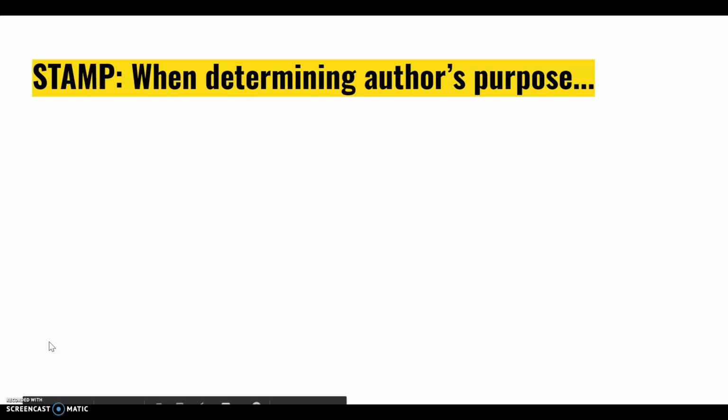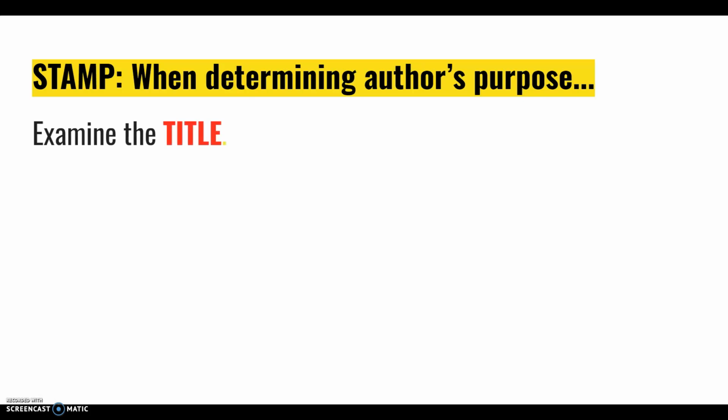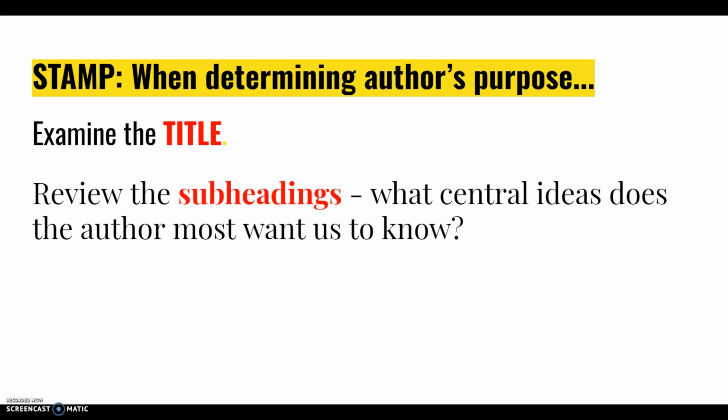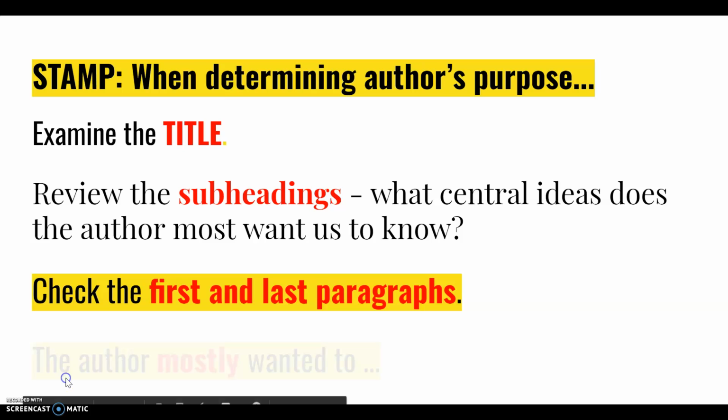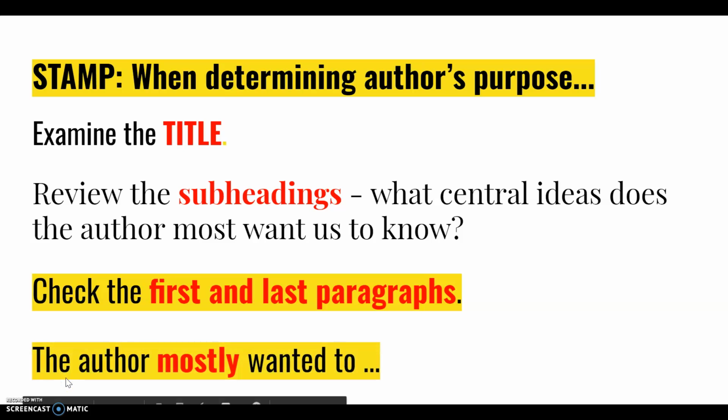So, when determining an author's purpose, make sure that you're examining the title, reviewing the subheadings, and thinking, what central ideas does the author most want us to know? Check the first and last paragraphs and think, what did the author mostly want to do?